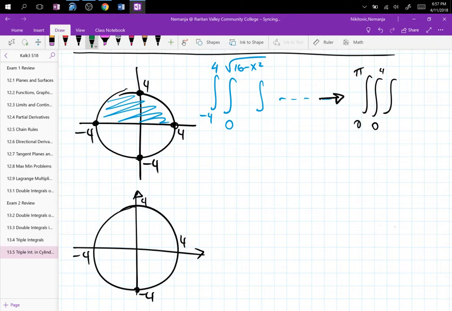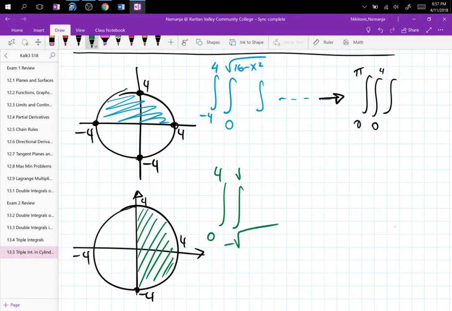I'm going to shade now this way over here. So when I shade this way, my input for that was 0 to 4, because there's nothing left of 0, and then I had a negative square root and a positive square root, because you see this part over here is the negative square root part and this part over here is the positive square root part.